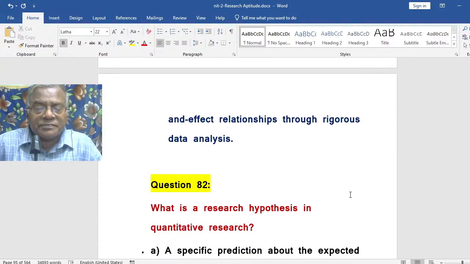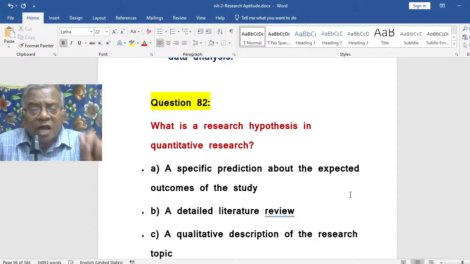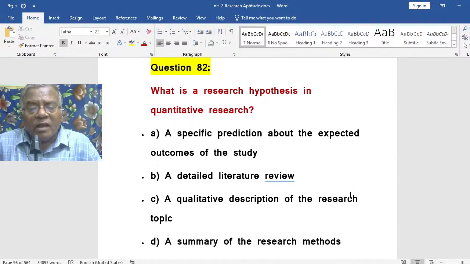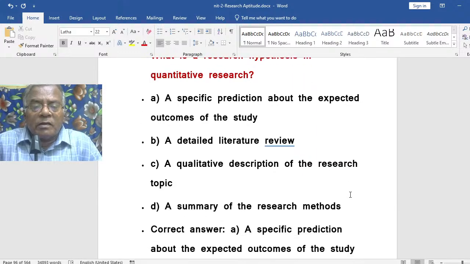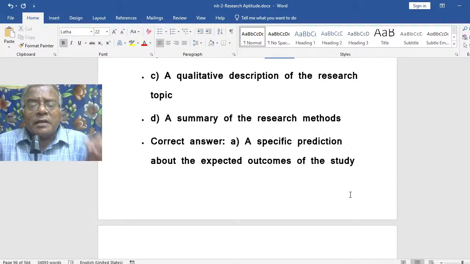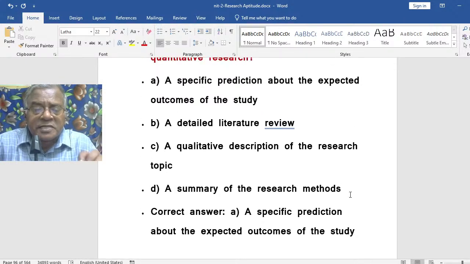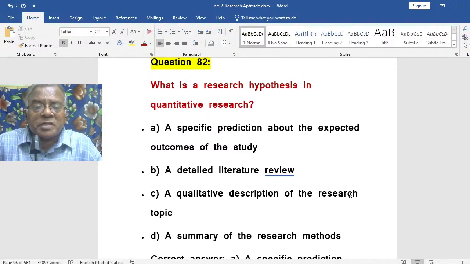What is a research hypothesis in quantitative research? Research hypothesis, what does this mean? There are four alternatives given. That is a specific prediction about the expected outcomes of the study.